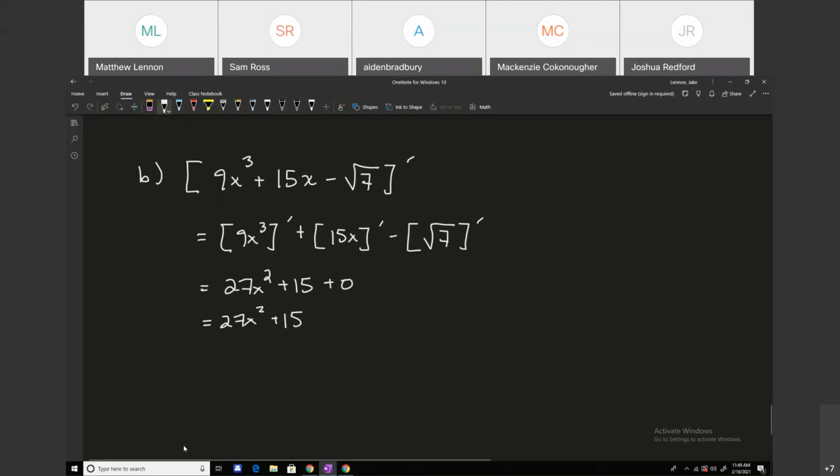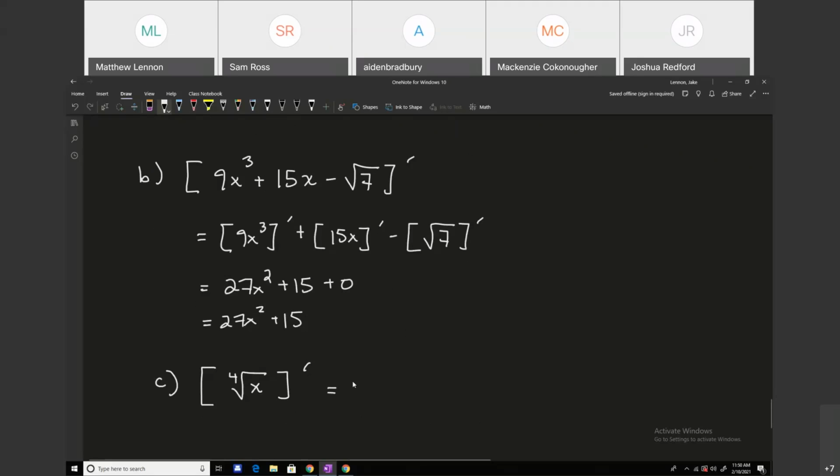Okay, what about if we did the derivative of the 4th root of x? Anytime you have a fraction or a radical, what you want to try and do is rewrite the function using exponent notation first before trying to take the derivative.